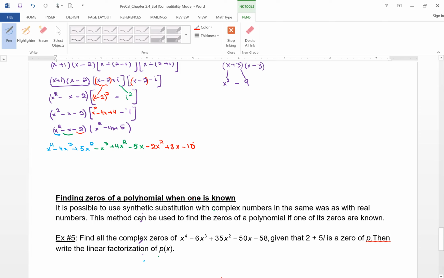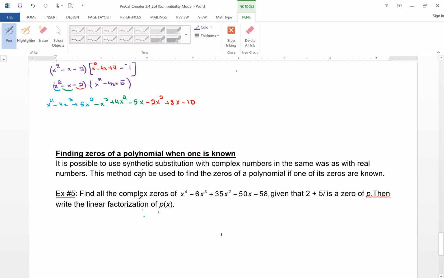And now I get to combine like terms and put it in standard form. What does it mean to put it in standard form? Decreasing order of exponents. So x to the 4 has no partner.